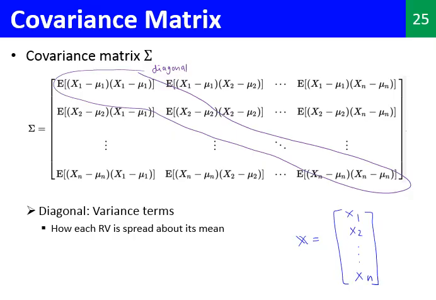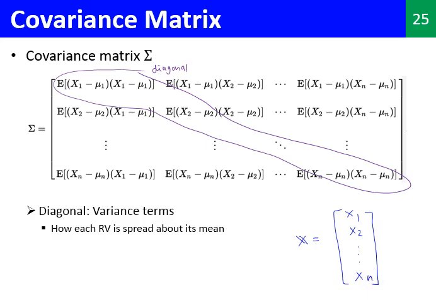So in fact, if you take the first element here, it's the variance of the random variable x1, right? That is how random variable x1 is spread about its mean. So we are talking about this guy. Next we have the variance of x2. And finally we have the variance of xn. So how it is deviating about its mean.